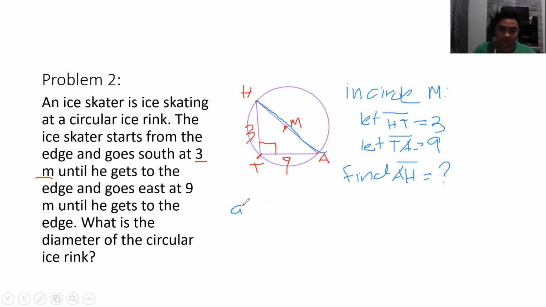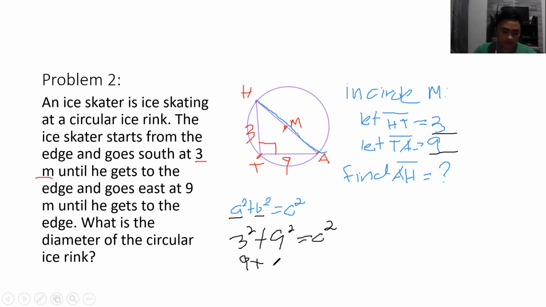The formula again is a squared plus b squared is equal to c squared. So a is 3, so I have 3 squared plus b is 9, so we have 9 squared is equal to c squared. Simplify them. 3 squared is 9, and 9 squared is 81, equal to c squared. Simplify them.